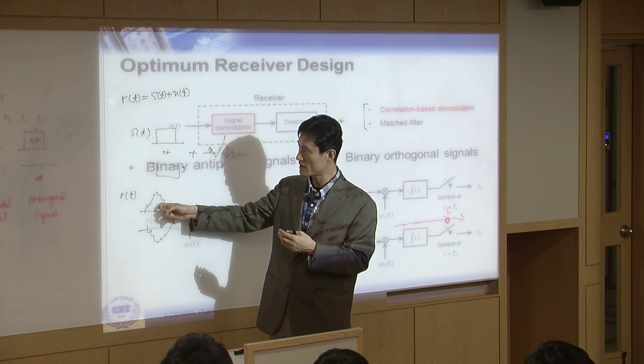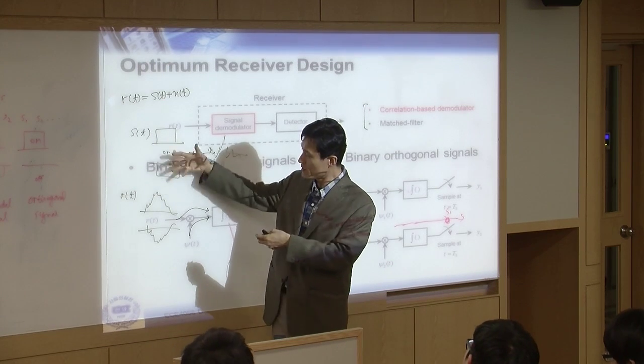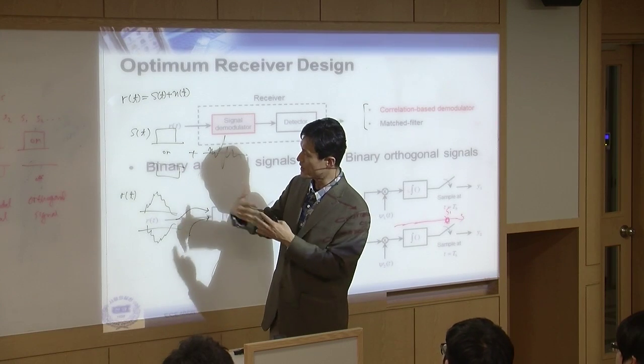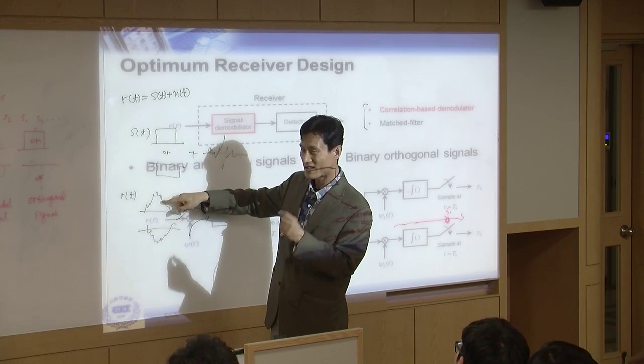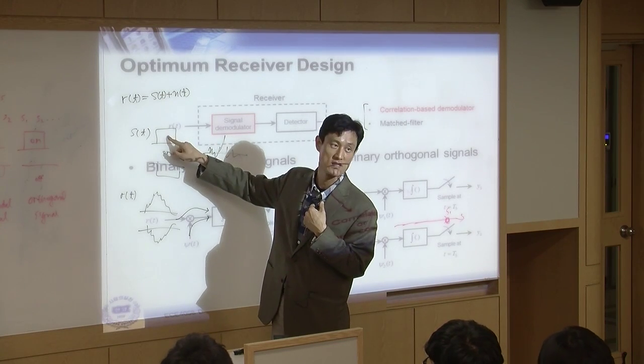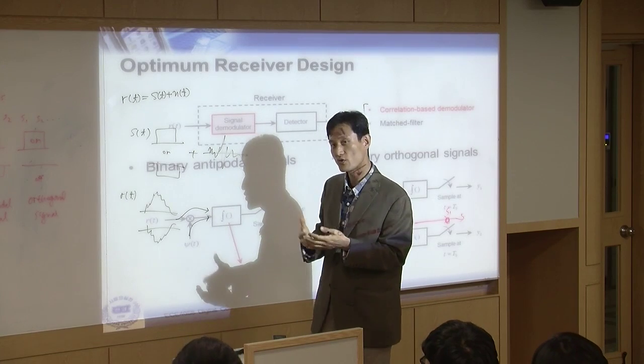If this one looks very close to this, we calculate the correlation. If this one is very much correlated with this, but only a little bit correlated with that, then we're going to make this one the decision. Basically, we are calculating correlation. That's how you make a decision.